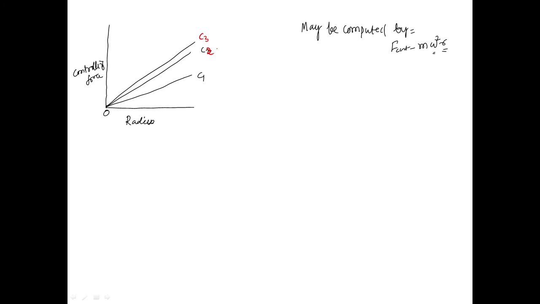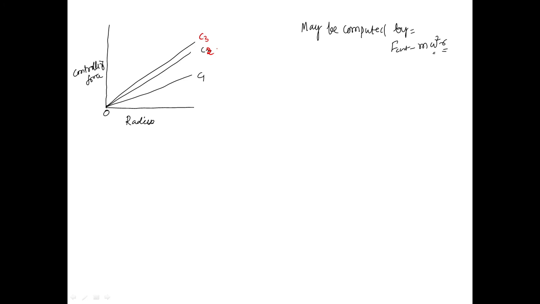These are the curves obtained based on the centrifugal force equation. These may be drawn on the diagram providing the values of controlling force for different radii at particular speeds. You can draw with respect to the other equations, so you can get the controlling force diagram.